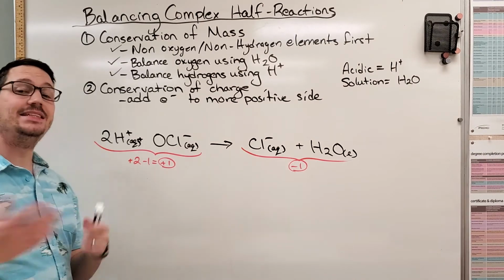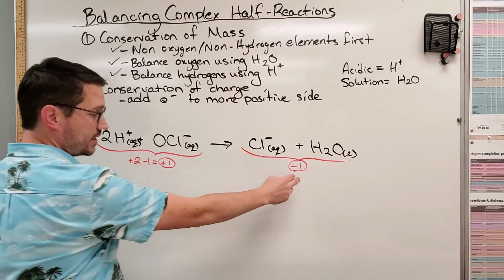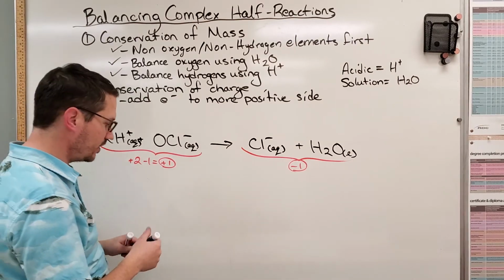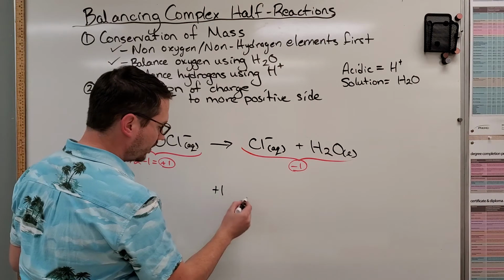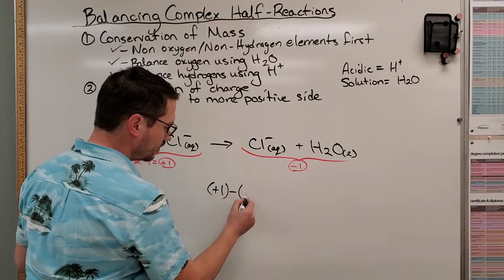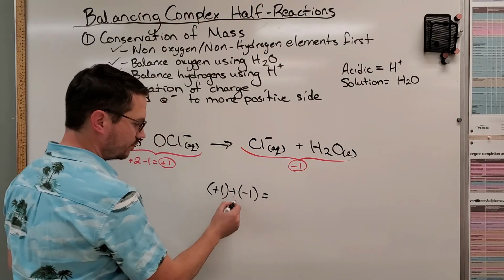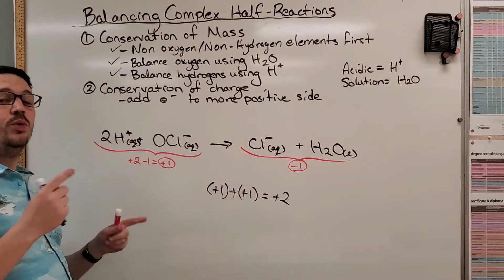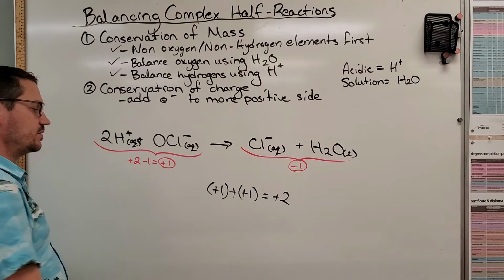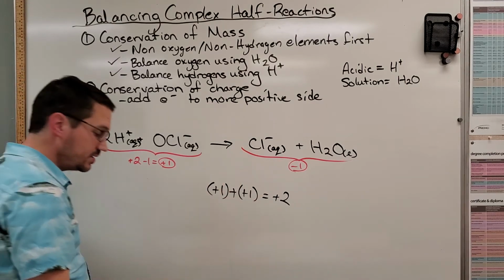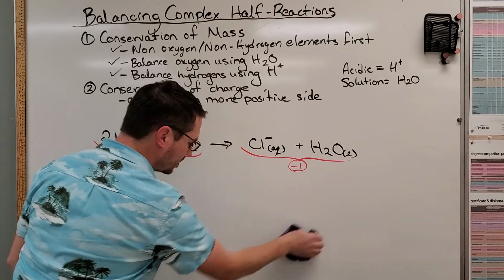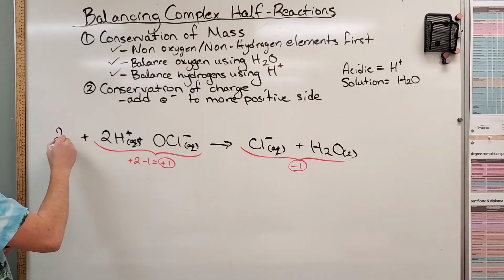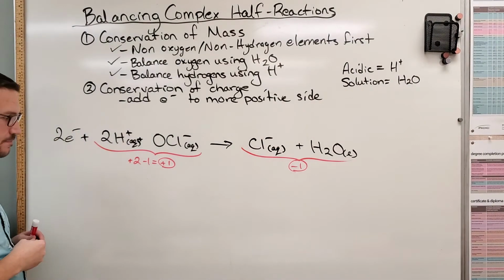So what's the difference between plus 1 and minus 1? Go ahead and put it in your calculator. Plus 1 minus negative 1 is plus 2. So there's 2 electrons difference between these two things. You need 2 electrons, and you've got to add them to the more positive side. This is the more positive side, so I've got to add 2 electrons.